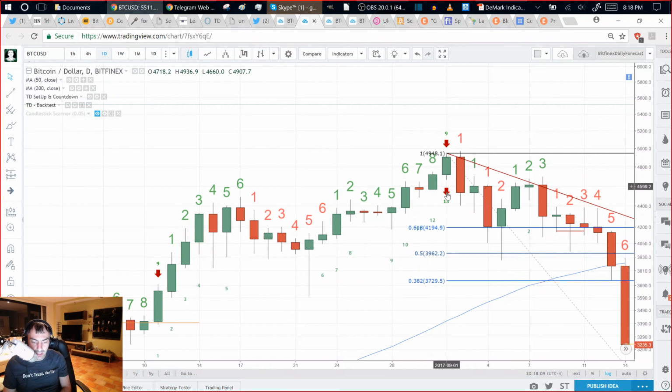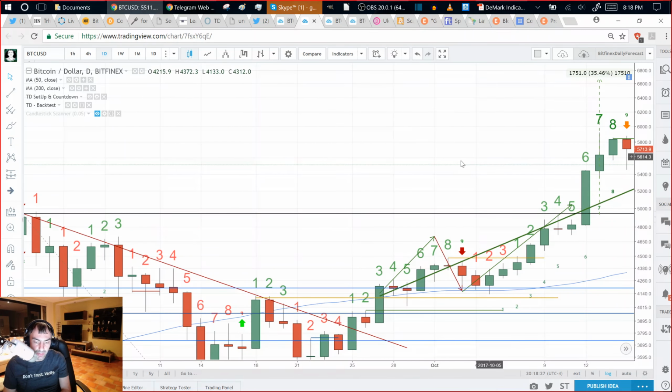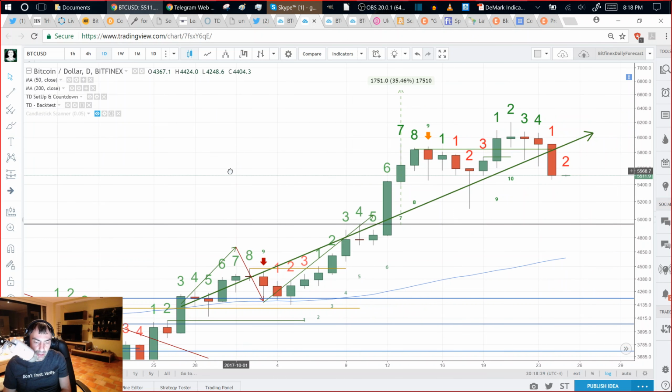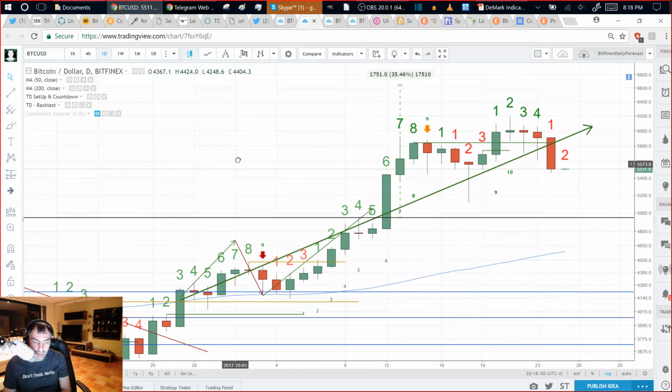Now, the 13 can happen on the day of the 9 or before the 9. But if the 13 happens after the 9, then there is another 13 count already on its way. So it's not as strong, right? But when you have 13 counts, like right now on a daily chart, you have several 13 counts.